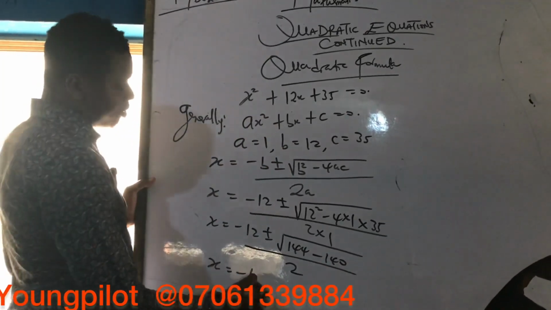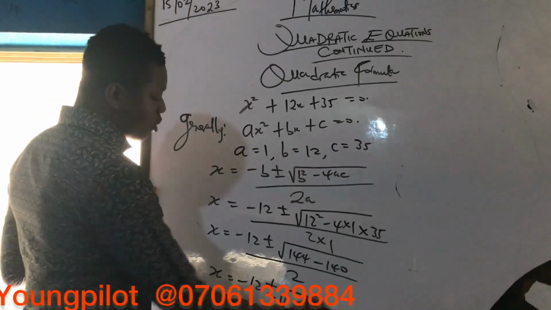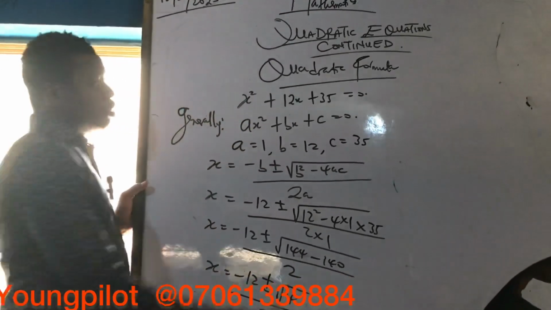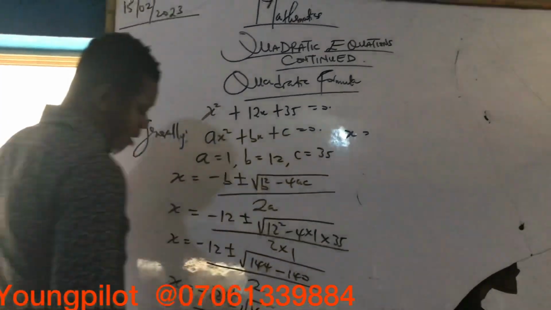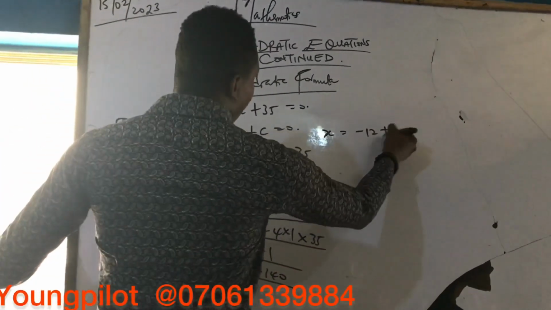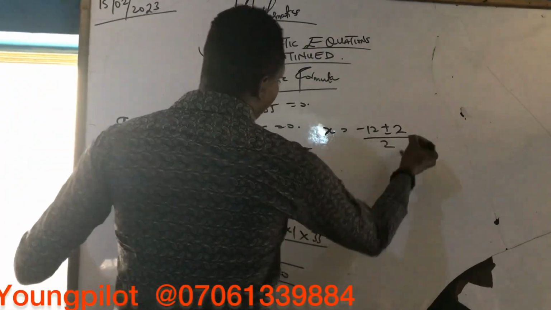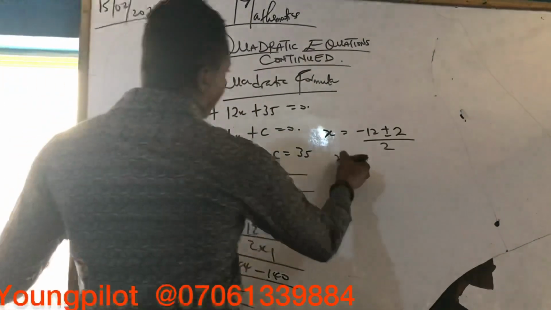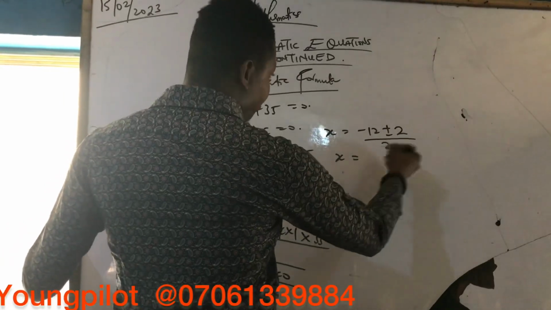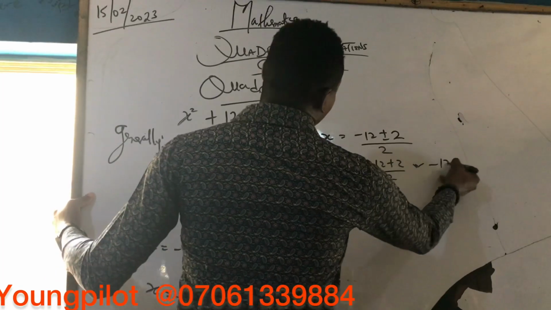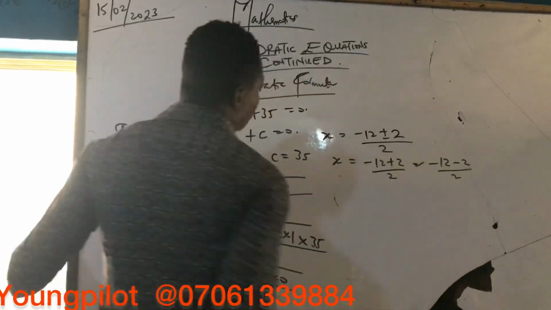So x equals minus 12 plus or minus square root of 4 divided by 2. The square root of 4 should give us a perfect square. That's right. Over 2. Then we separate the numerator plus or minus: minus 12 plus 2 over 2, or minus 12 minus 2 over 2.